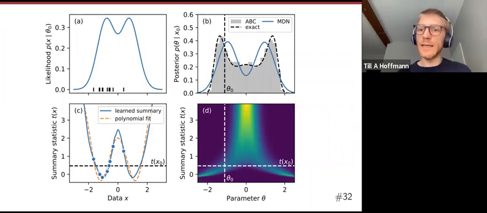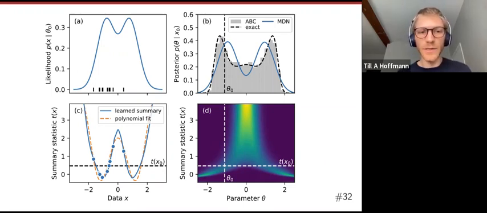Now, let's try and understand a little bit more what the summary statistic that we've learned does. On the bottom left-hand corner, we've got the compressing function in blue, and the little dots are the observations that we had. Now, in hindsight, this is kind of an obvious summary statistic function because we want to separate really spiky posteriors centered on the -1 and 1 from posteriors that are much broader.